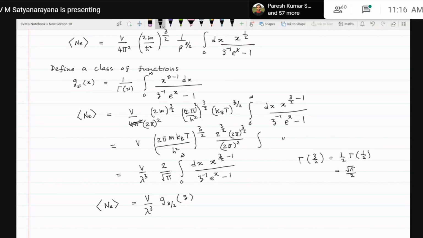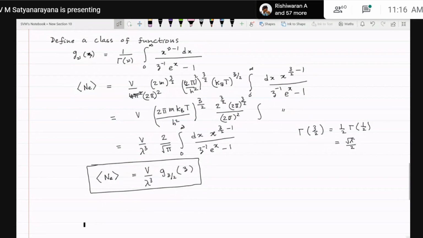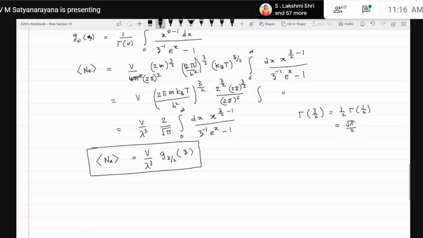I am sorry, I must write this as a function of z because x is anyway getting integrated. So this is a function of the fugacity. So this is the expression. We have to do this once, but then we will remember. Whenever we are doing problems, we will directly start from here. So n is related to this.